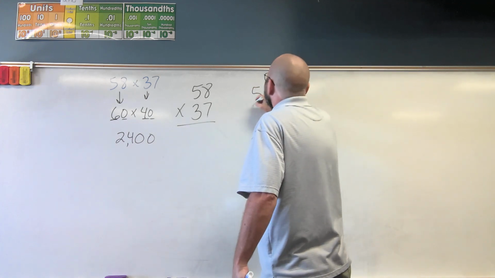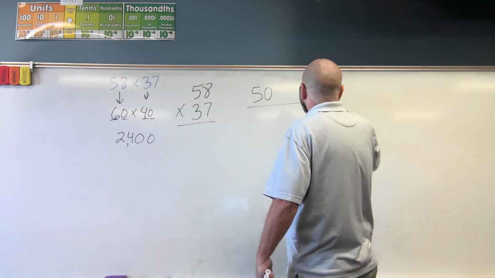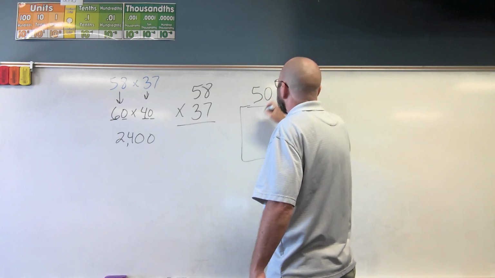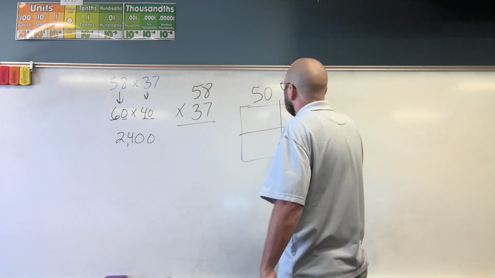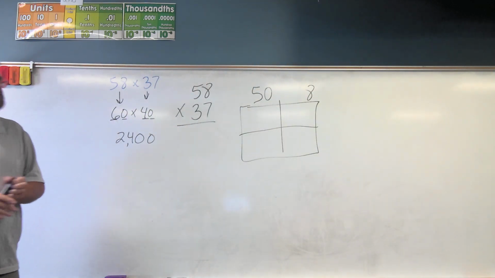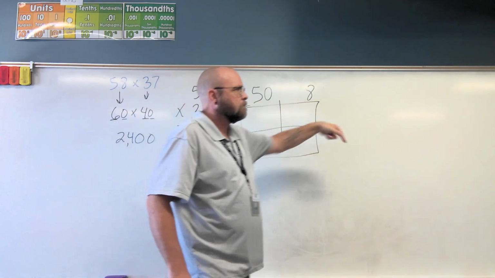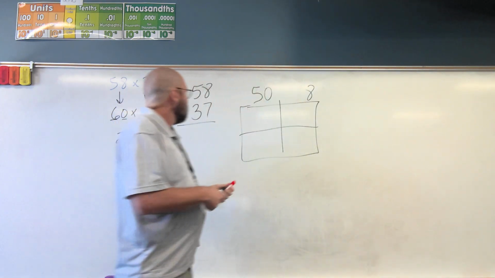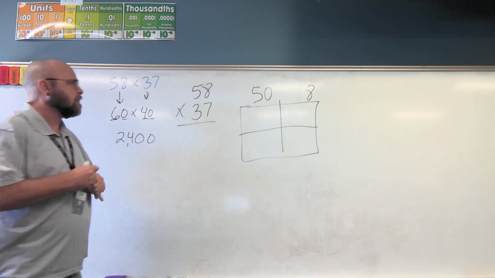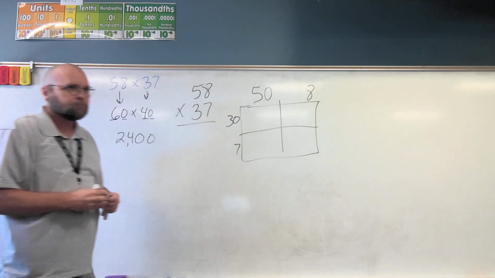Some people call this the box method, some call it something else. Okay, 58. I decomposed 58 into 50 and 8. I take 37 and do the same thing: 30 and 7.